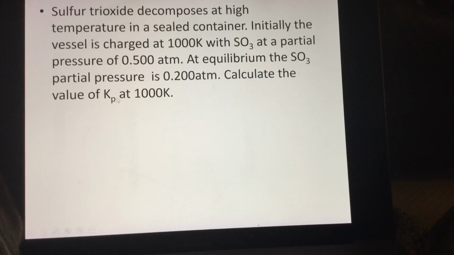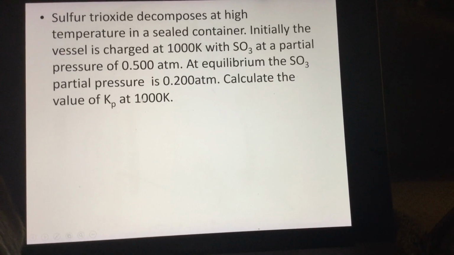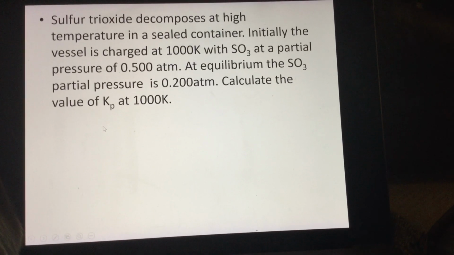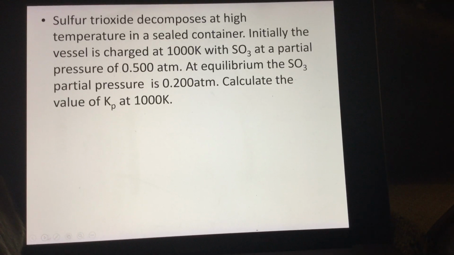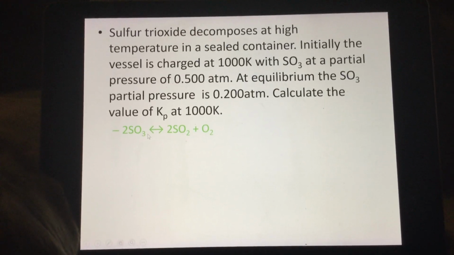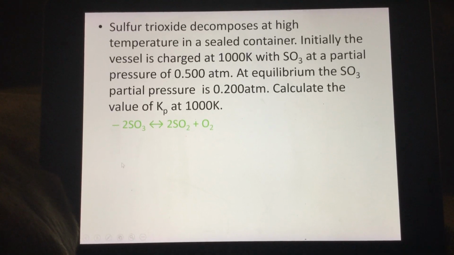We're going to use this information to determine not only the Kp, but in order to find the Kp, we have to come up first with the equilibrium pressures of the other substances. So here's our balanced reaction, because this does involve a little bit of stoichiometry from our coefficients that we get from balancing.